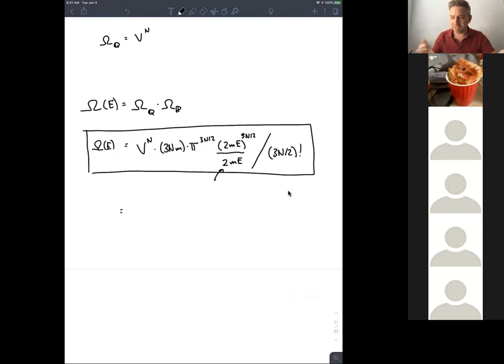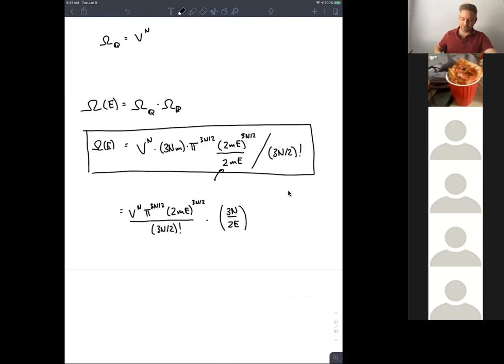So I've got V to the n, pi to the 3n over 2, times 2mE to the 3n over 2, divided by 3n over 2 factorial, times 3n over 2E. Okay. All right, so now, everybody cool?